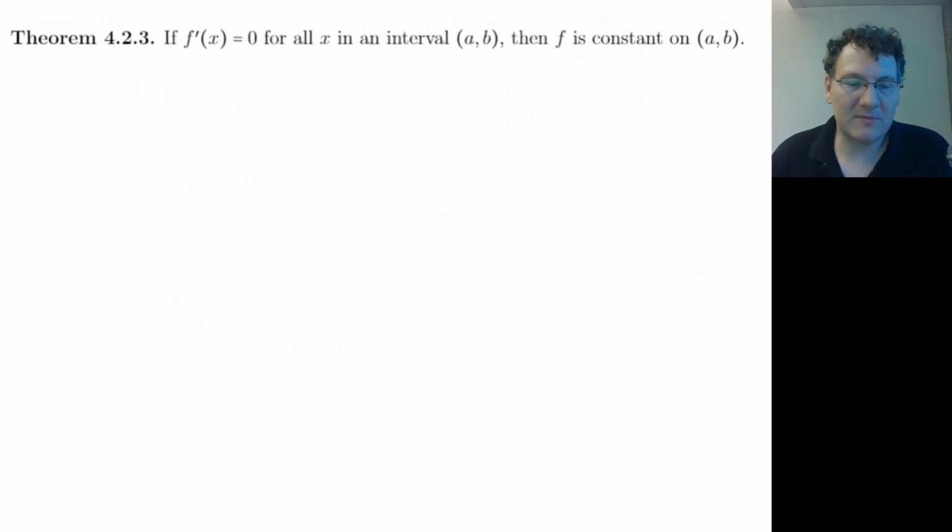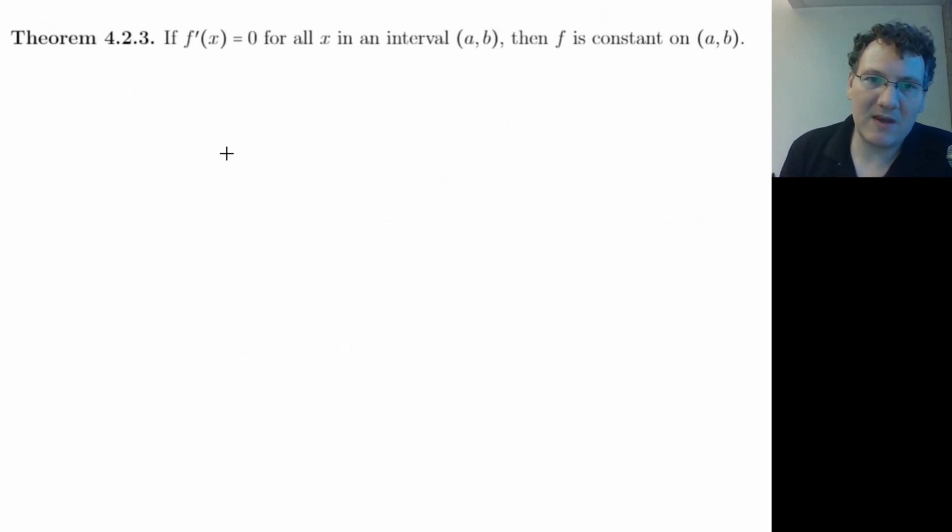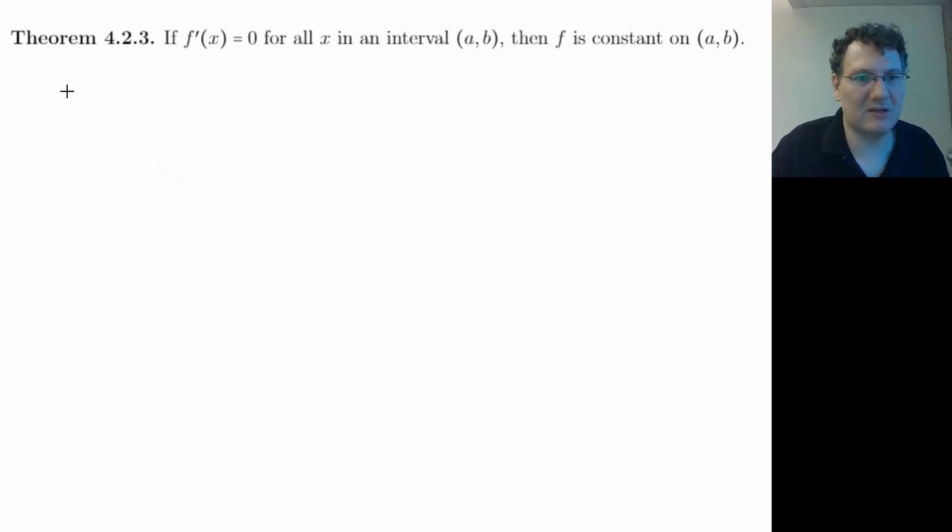So we get a theorem that comes out of this: if the derivative f prime of x is equal to 0 for all x in an interval, then the function must be constant on this interval. And so let's actually do the proof of this.